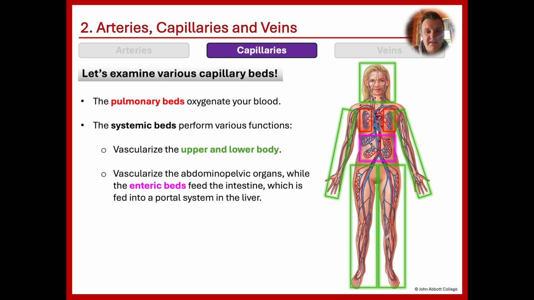So that's quite nice. Let's examine various capillary beds, right? First of all, we have the pulmonary capillary beds, which will pick up oxygen to bring back to the heart. It'll help to oxygenate your blood. So the heart sends, as we see over here, these blue deoxygenated vessels to the lungs.